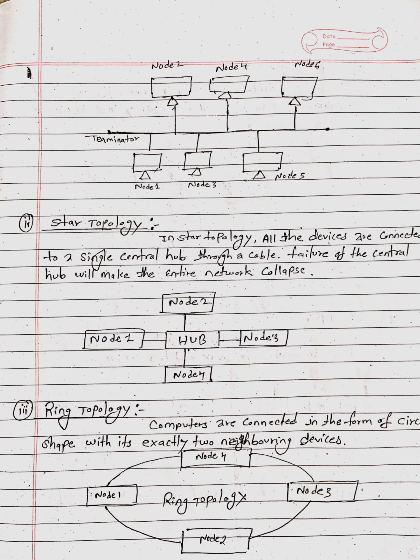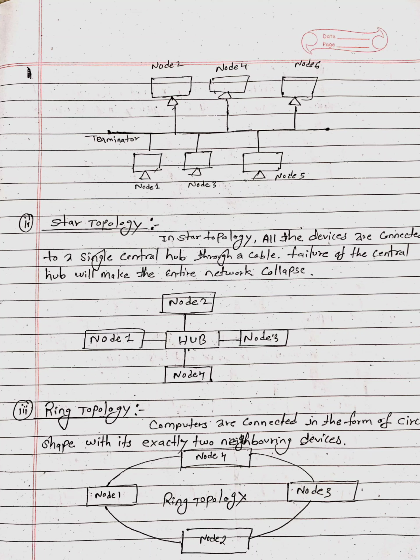Star topology. In star topology, all the devices are connected to a single central hub through a cable. Failure of the central hub will make the entire network collapse. This is the figure of star topology. In between there is a hub and all the nodes are connected to this central hub.